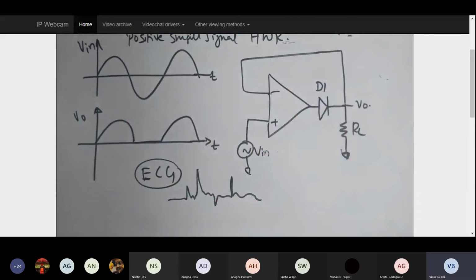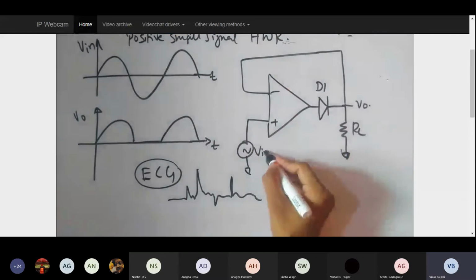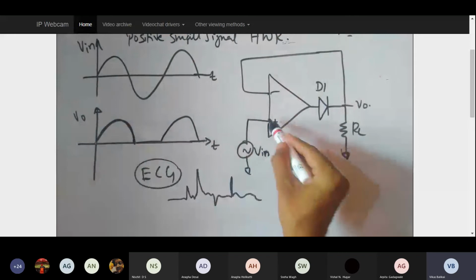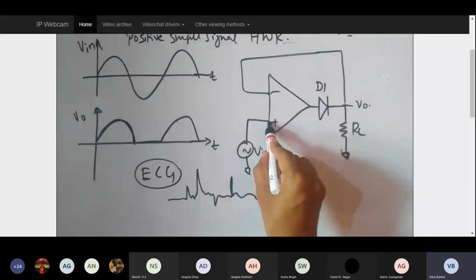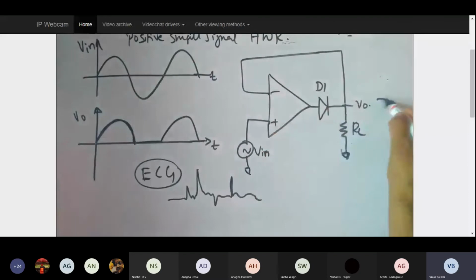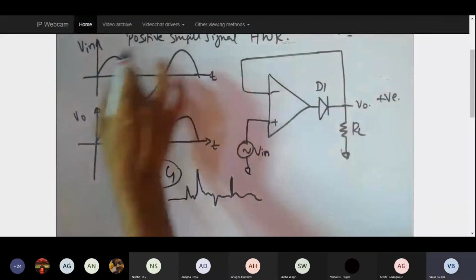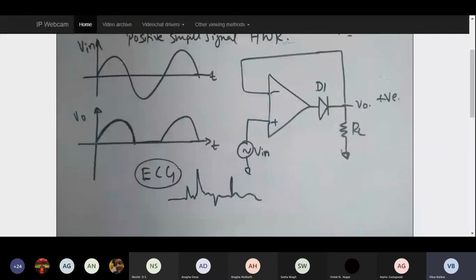When the input is rising from 0 to the highest value, since the input is given to the non-inverting terminal, we can expect the output to be positive. That's the reason the name of this entire half wave rectifier is positive small signal half wave rectifier.